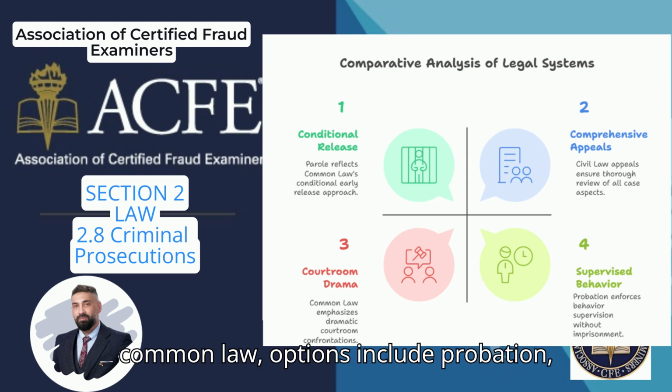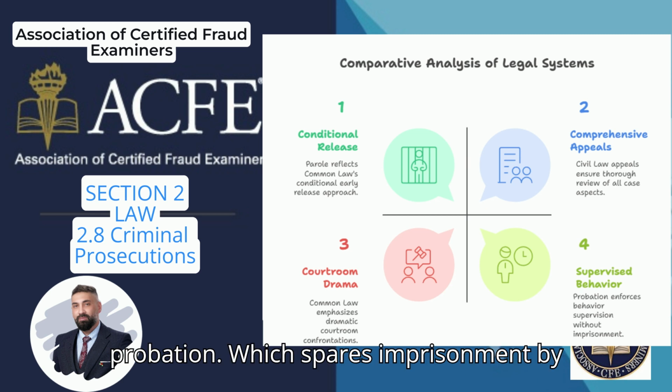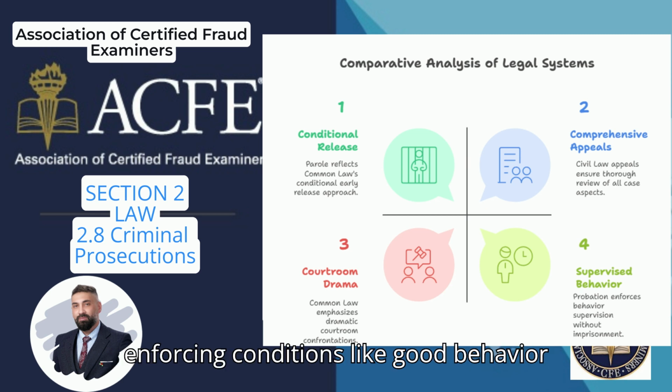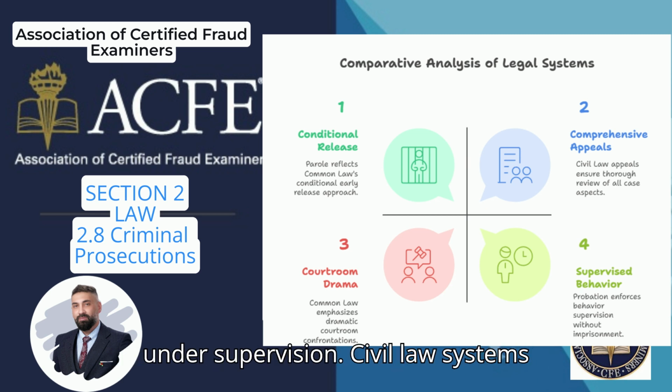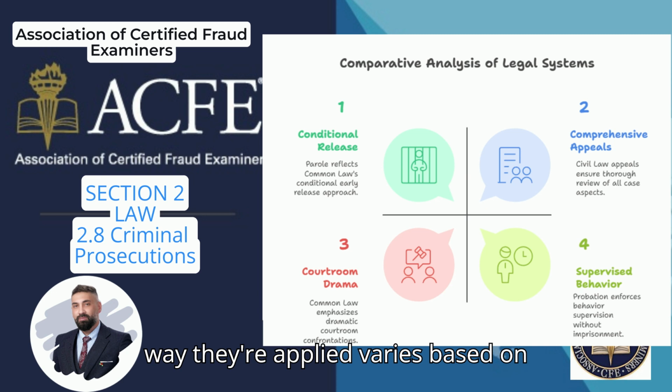In common law, options include probation, imprisonment with fixed or flexible terms, parole, fines, restitution to victims, or even forfeiture of property used in crimes. Parole, offering conditional early release, stands in clear contrast to probation, which spares imprisonment by enforcing conditions like good behavior under supervision. Civil law systems may embrace similar sanctions, but the way they're applied varies based on context and tradition.